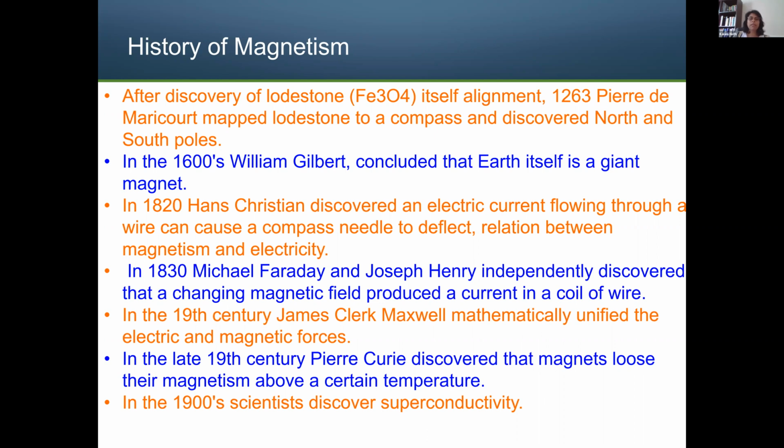Okay, and then at the end of the 19th century or beginning of the 20th century, superconductivity was developed. They found that there is a certain temperature, which we call the Curie temperature, at which magnets lose their magnetism. After that, we are still working on and discovering superconducting materials, but that was the first discovery of a superconducting material.